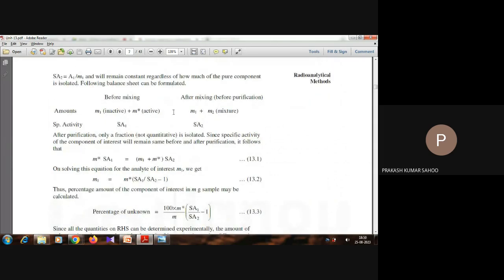We take two types of isotopes here, that is M and M star. Before mixing we have inactive M1 plus M star, the radio tracer that is active, while this is inactive. After mixing, it will be M1 plus M2. The specific activity will change, SA1 and SA2.